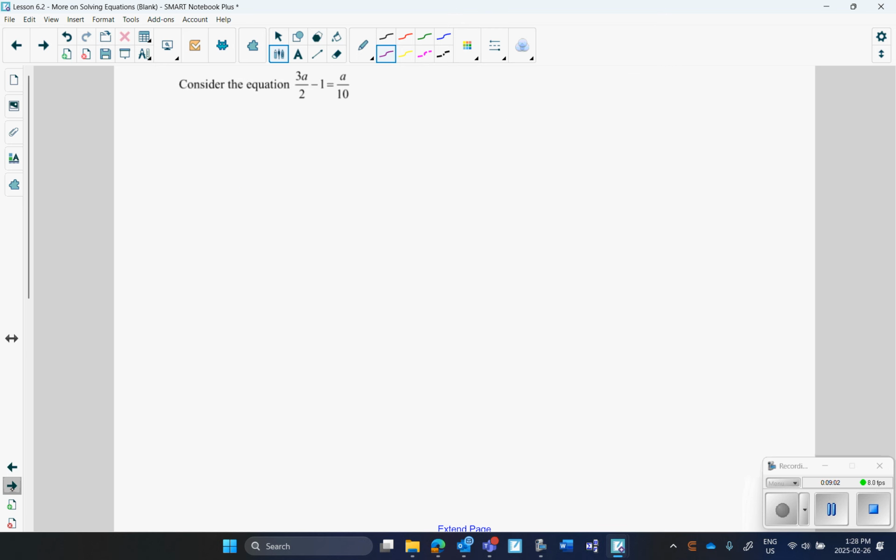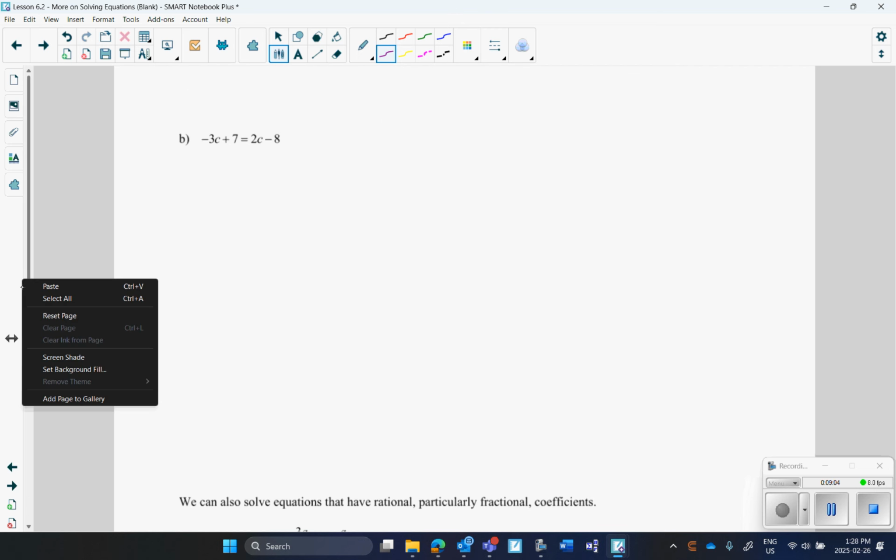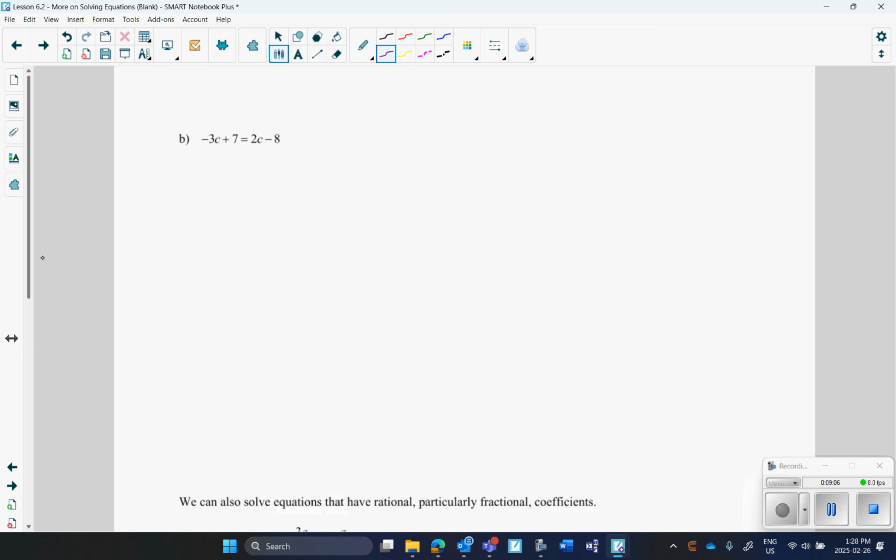And then the next one. See if you can go with this one. It's okay to have negatives. Don't worry about having negatives.